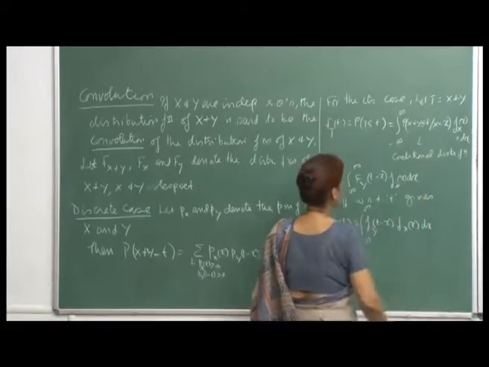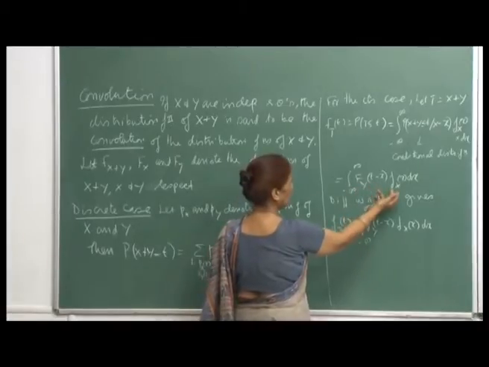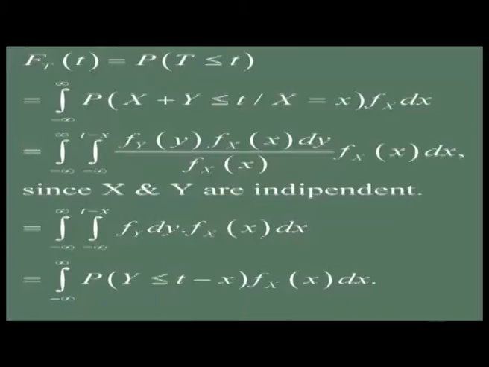Therefore, in terms of F_Y and small f_X, you can write this as the integral from minus infinity to infinity of the probability X plus Y less than t conditioned on X equal to x, into f_X(x) dx.